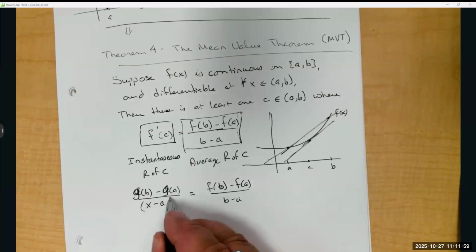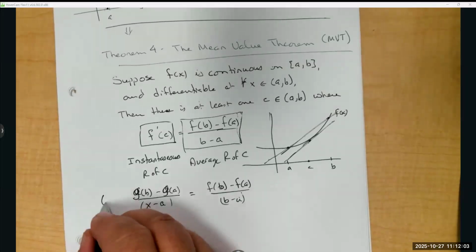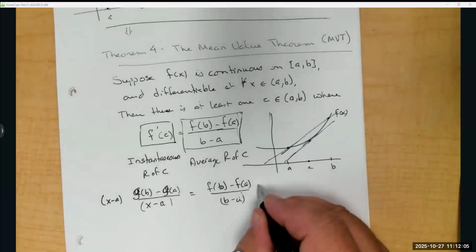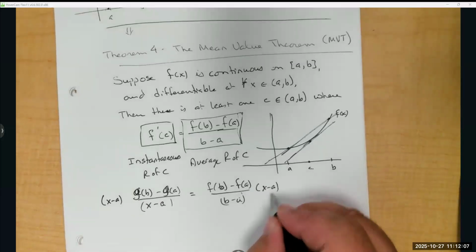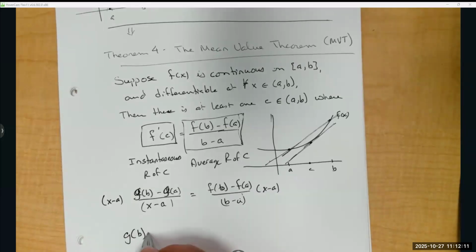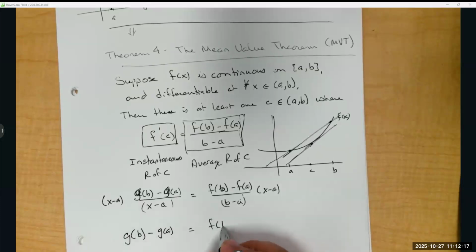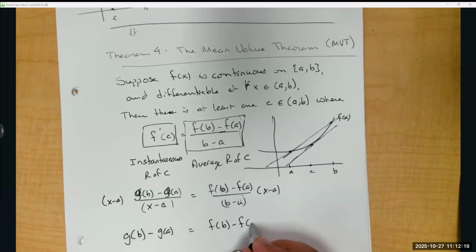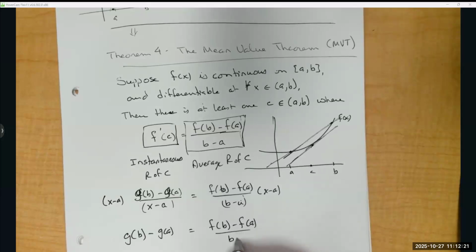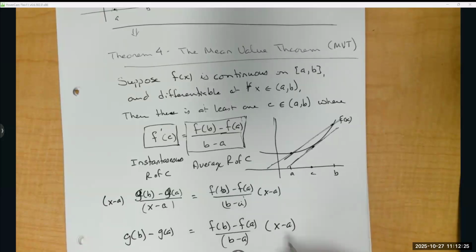If we multiply both sides by the denominator, x minus a, then we have g of b minus g of a equal to f of b minus f of a over b minus a times x minus a.